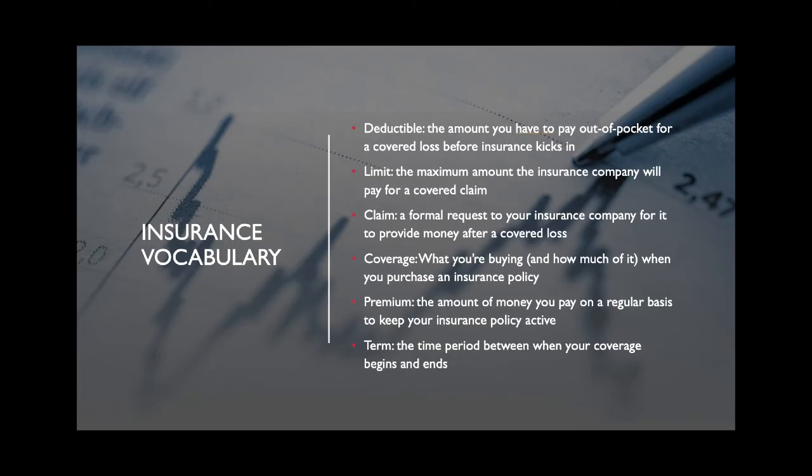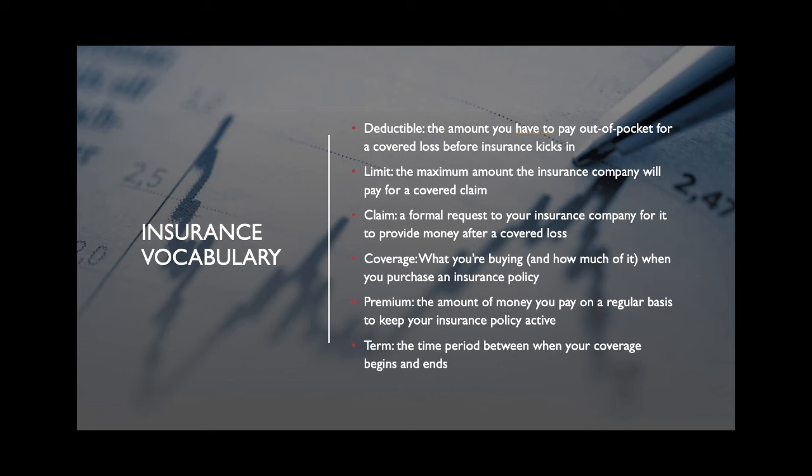Now, here is briefly some insurance vocabulary that you would do well to study and learn, not only for this class, but for your own financial well-being, so that as you talk about different types of insurance, they all have similar vocabulary terms, this lexicon.